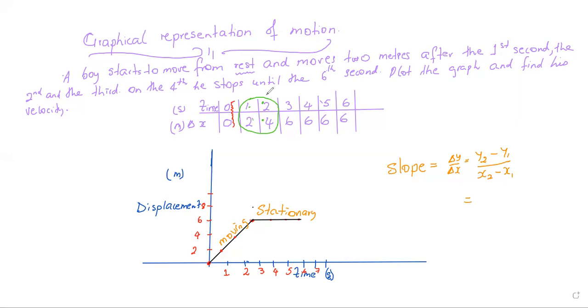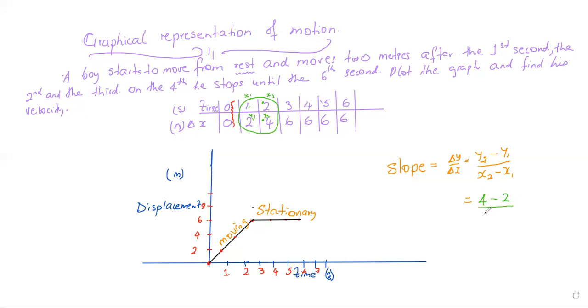Therefore, we can say x2 here, x1 there, y1 here. Sorry, y2 there, excuse me. Now, y2 will be 4 minus y1, say 2.